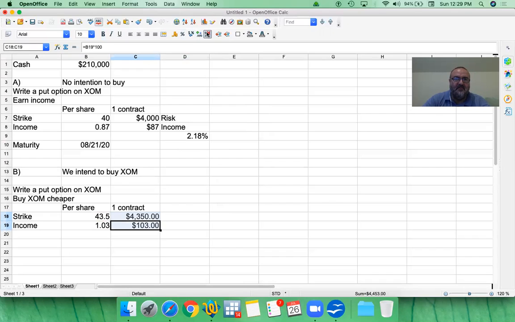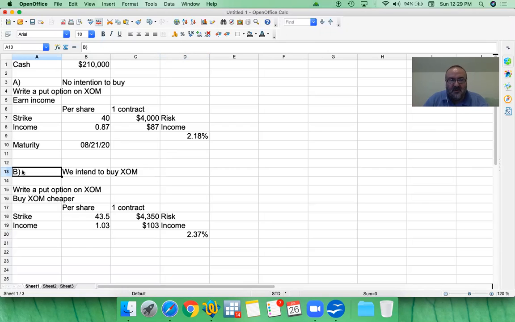Now, this is our risk, and this is our income, and this will become about this much of an income for the time being. Notice we intend to buy this, right? Because with this B scenario, our intention is to buy the stock. All we're trying to do is make this a little cheaper for us with a cash covered, written put option.